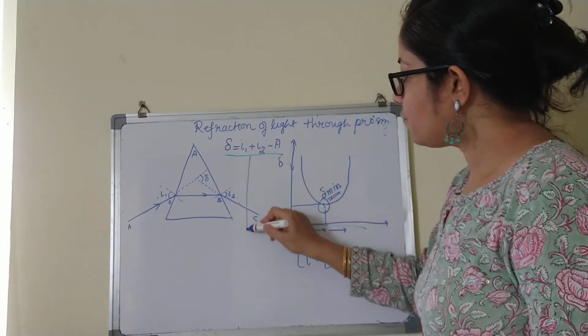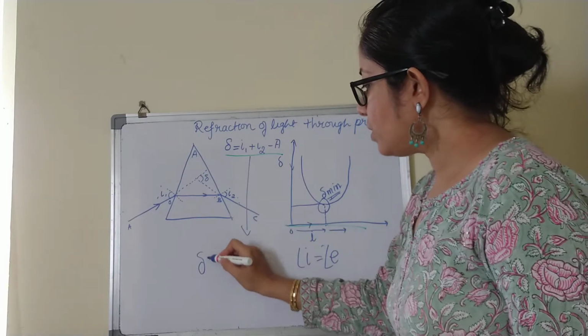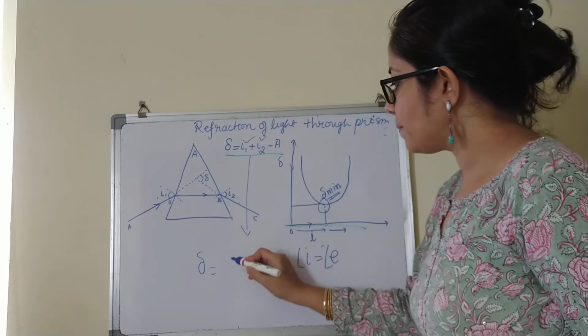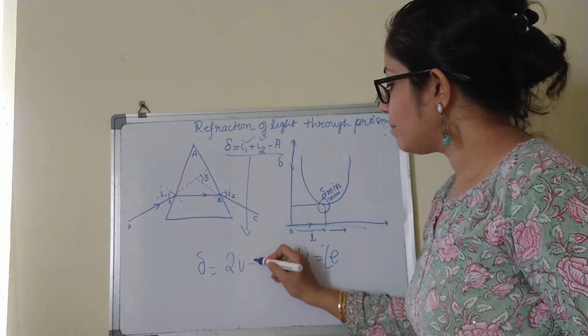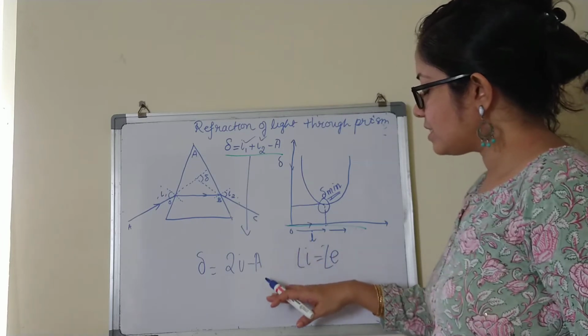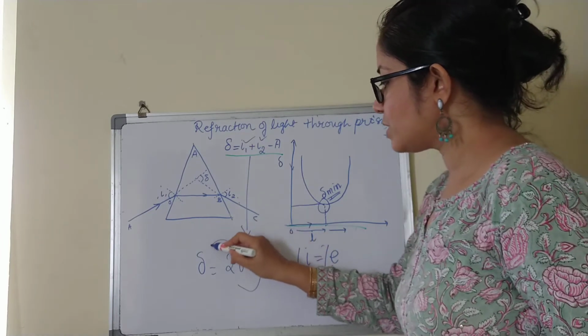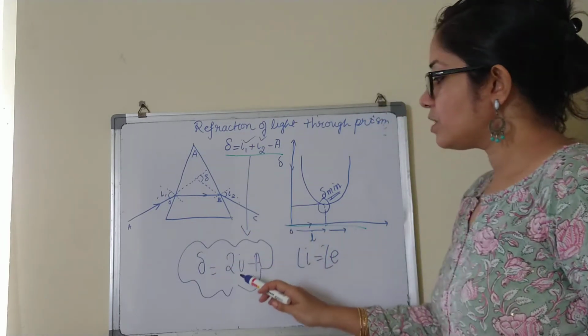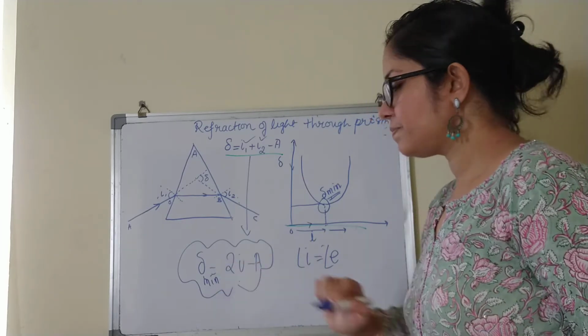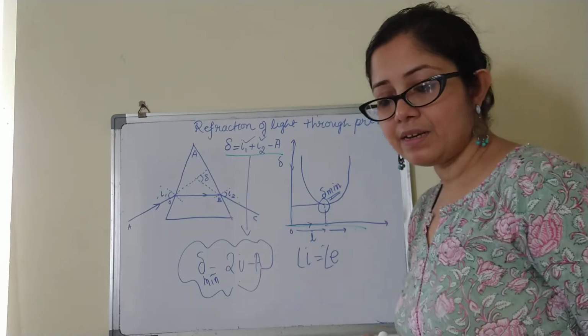Then what will be the formula? This formula can be further revised: since both become the same, I can write D equals 2I minus A. So this is how this formula has been derived, and this is possible when the deviation is minimum. I hope I am clear.